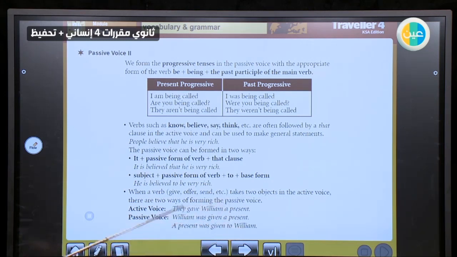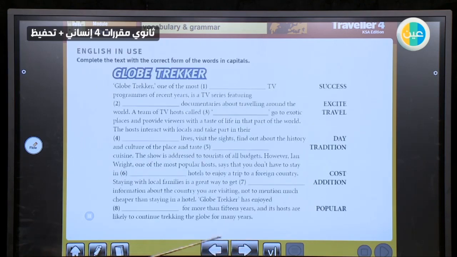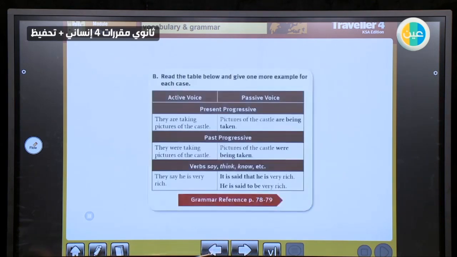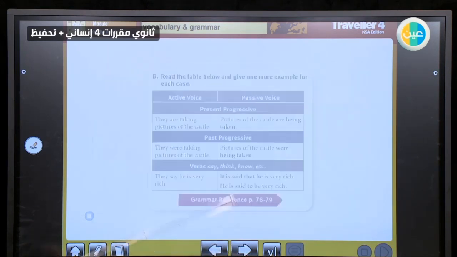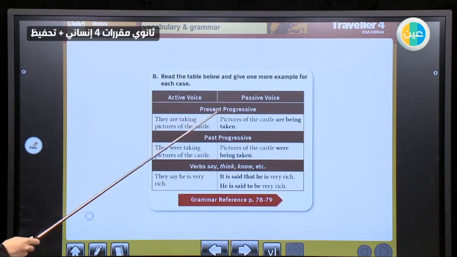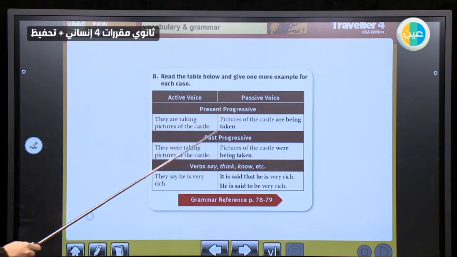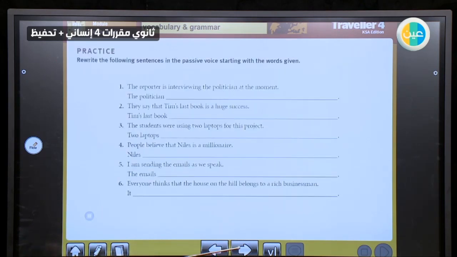Also here, the person who did this action is not mentioned. So here we have the active voice and passive voice in present progressive, past progressive, also the verbs say, think, know, etc.